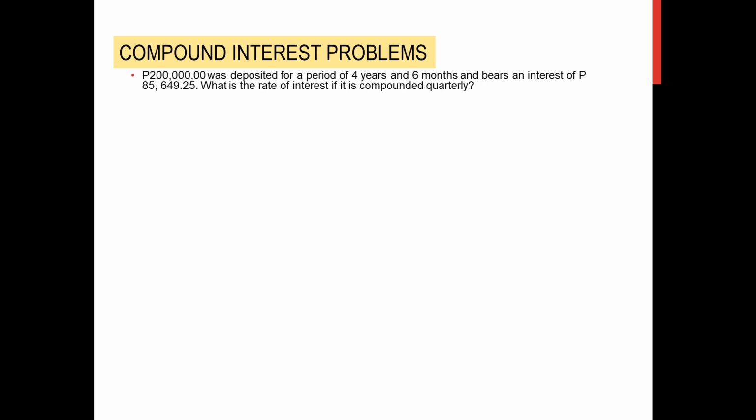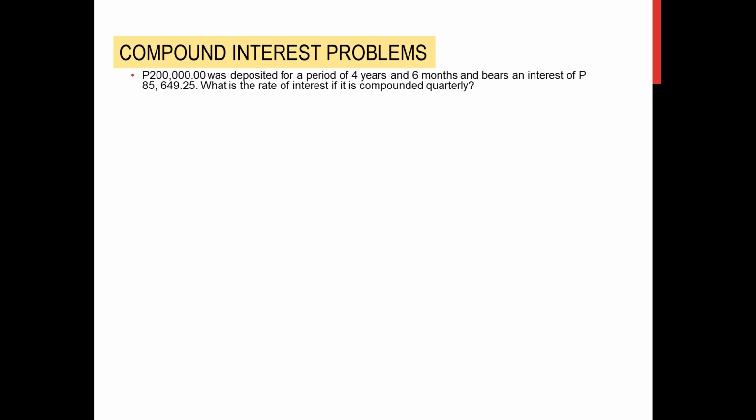So next, 200,000 pesos was deposited for a period of 4 years and 6 months and bears an interest of 85,649.25. What is the interest rate if it is compounded quarterly?